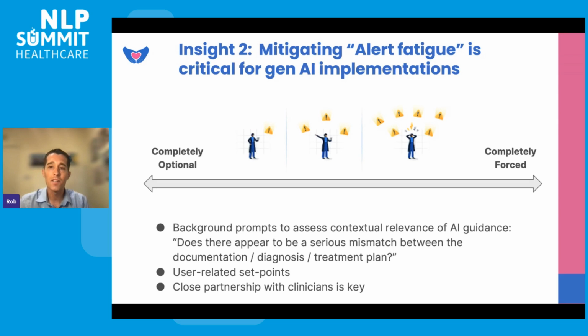You can imagine a prompt running in the background that the clinician isn't really seeing happening, that asks, is there a serious mismatch between what's been documented clinically, the diagnosis, and the treatment plan? And when the large language model detects that, yes, something serious might be missed here, then it can trigger the clinician to use the AI consult and really understand what they're missing and then act on that.